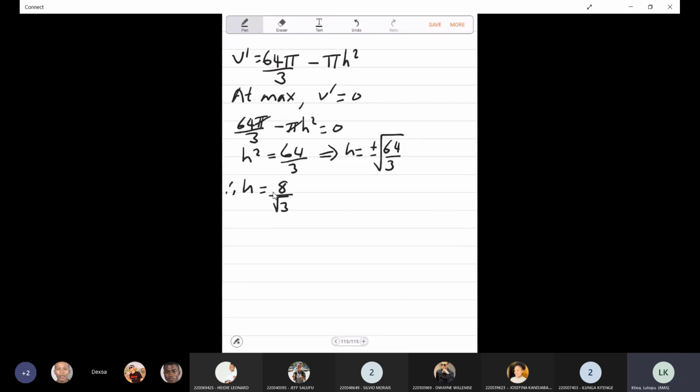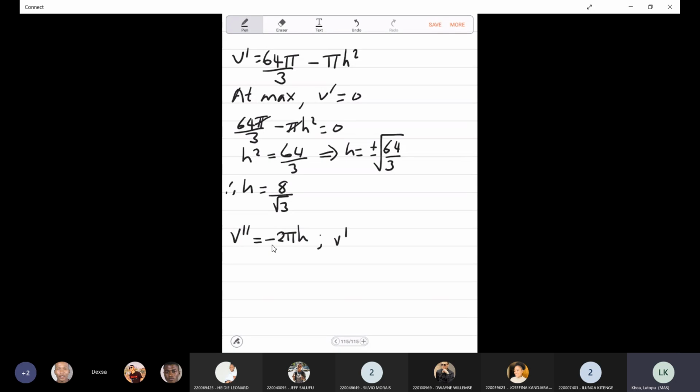So we want to test, is this in fact the maximum? To do that, we use the second derivative, V double prime. So this is our V prime. We differentiate this with respect to h. We get minus 2 pi h. Again, you can see I'm going to substitute h, which is positive, so my answer is going to be negative, and that already tells me I will have a negative second derivative, which means it is a maximum.